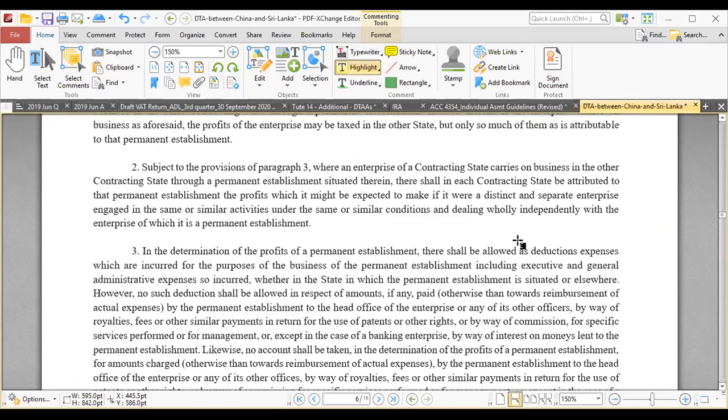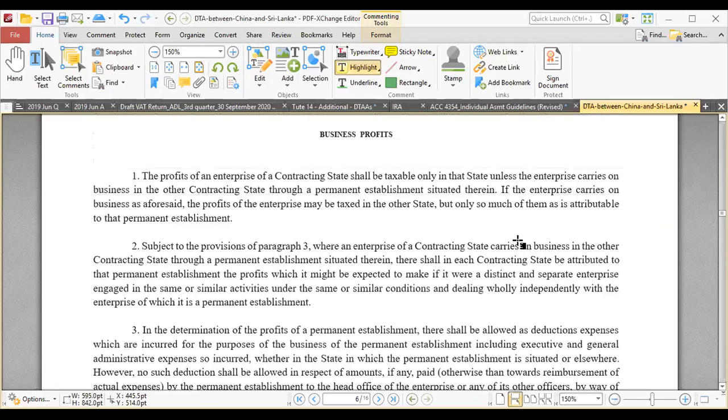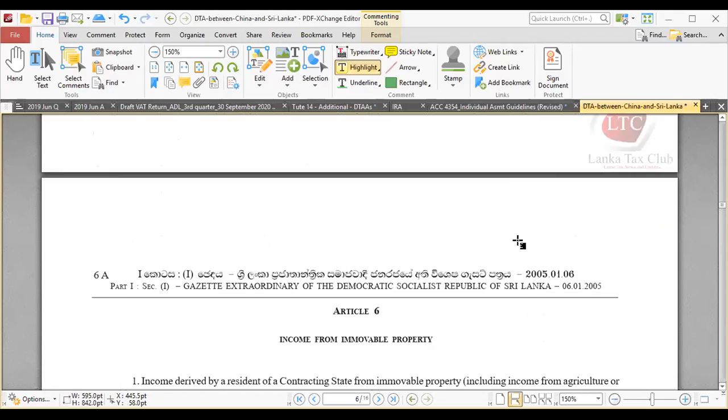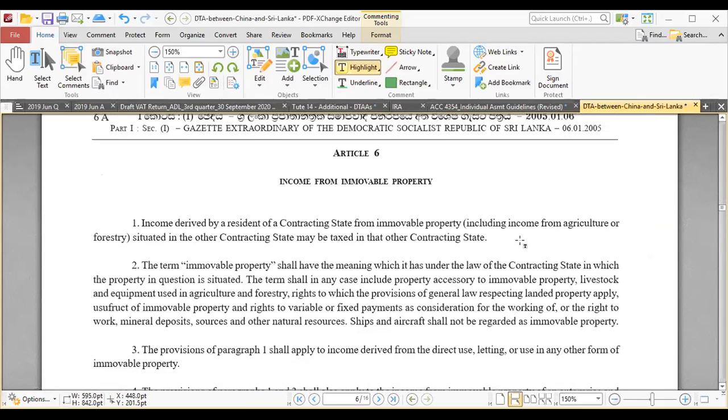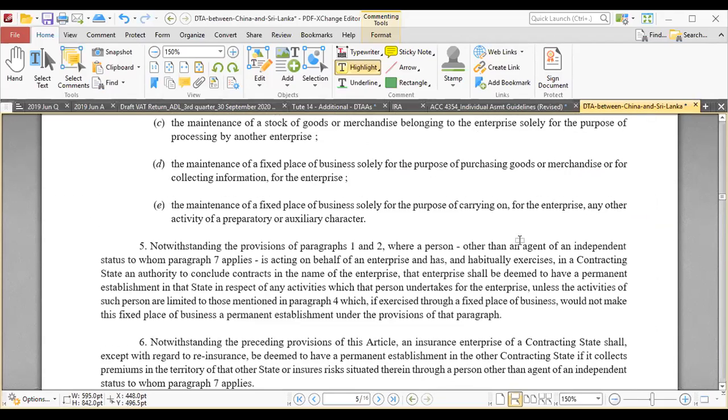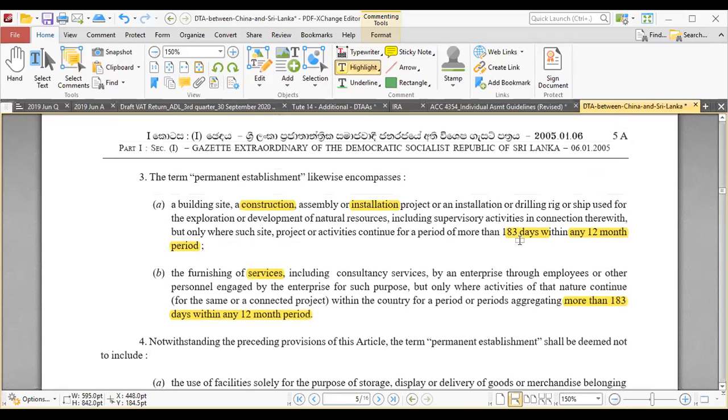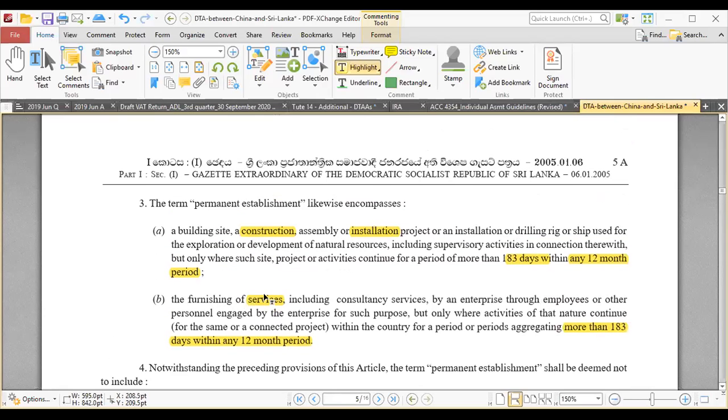Let's assume, as an example, Chinese engineers come into Sri Lanka and do technical service. For furnishing services they should stay more than 180 days. We can justify that they are not exceeding 180 days, therefore they are not liable to tax in Sri Lanka. Then no tax clearance. We just drew the diagram.